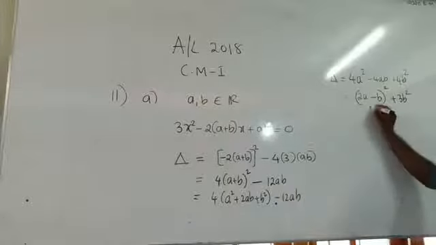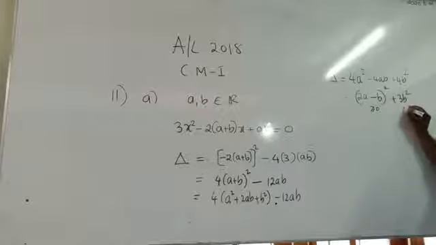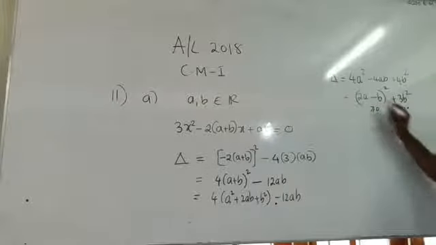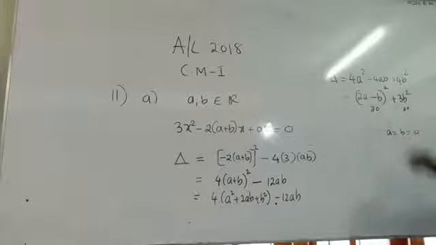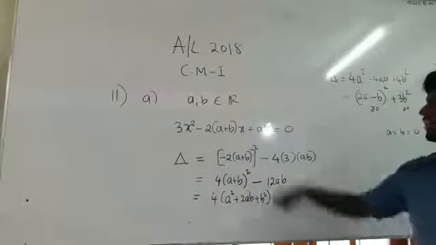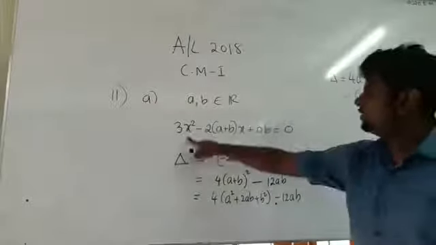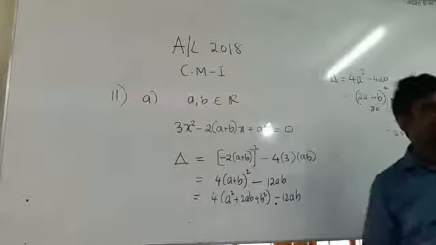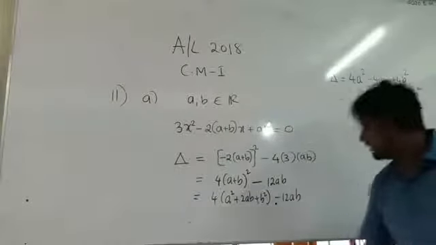In this case, you can say this is greater than or equal to 0, and this is also greater than or equal to 0. If a equals b equals 0, all are 0, so delta can be 0. Then x squared will be 0, so there is a real solution, so it can be equal.